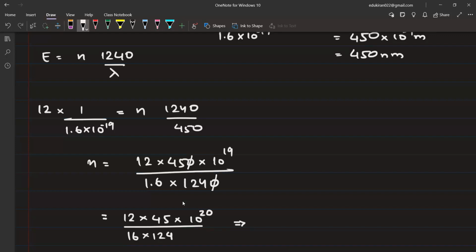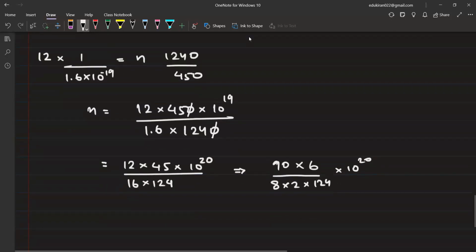So this will be 90 into 6 divided by 124 into 16. 16, I can do 4 4s are 16 and 8 2s are 16, right? I can do it 8 into 2 into 124, 10 to the power 20.